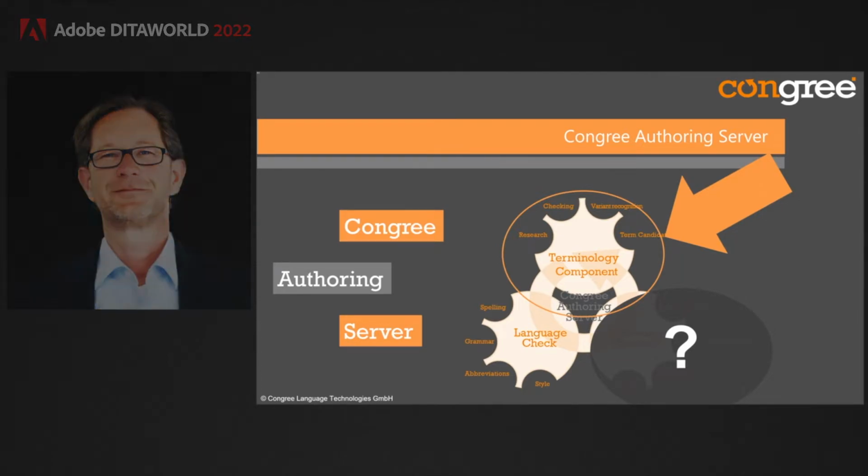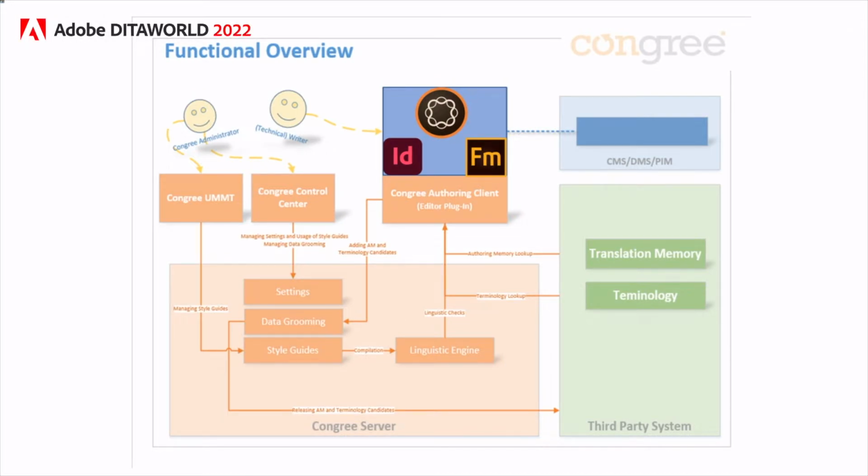So how does this now get into the actual content creation? As I mentioned, Congree is a client-server architecture, and we connect with various systems in the content creation and language technology landscape. A very important part of our connectivity is certainly the connectivity on the client side, with connectivity into various content creation environments, which means the environments where authors write content, like, for instance, the Adobe product family, like Adobe InDesign or Adobe FrameMaker.